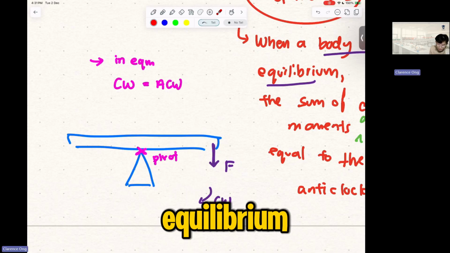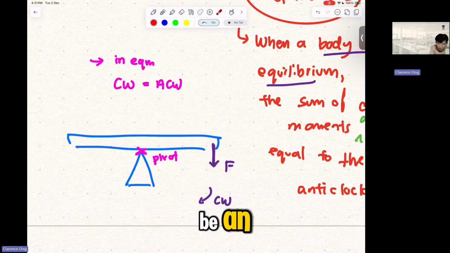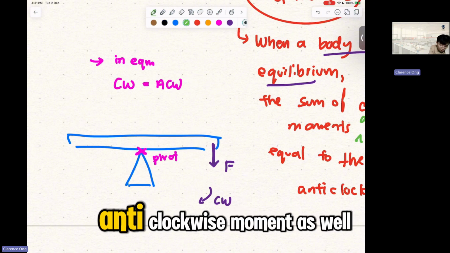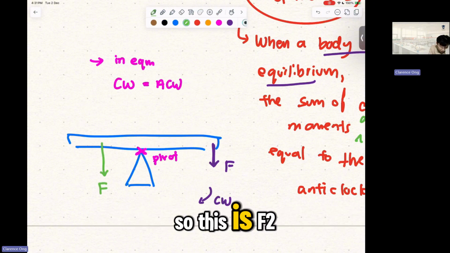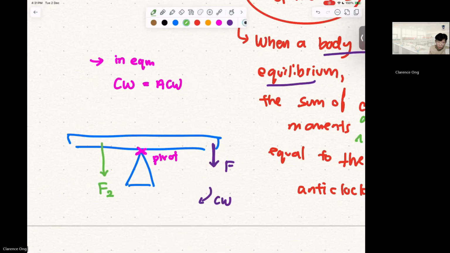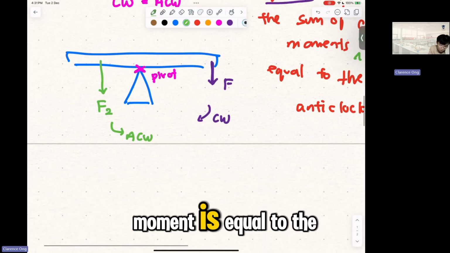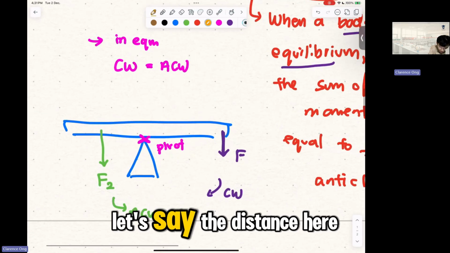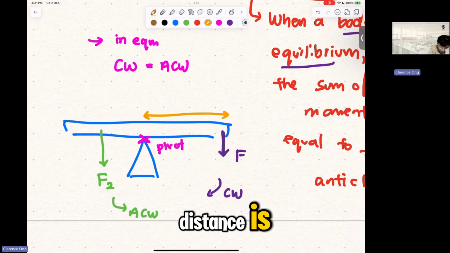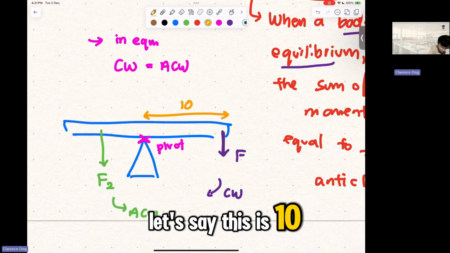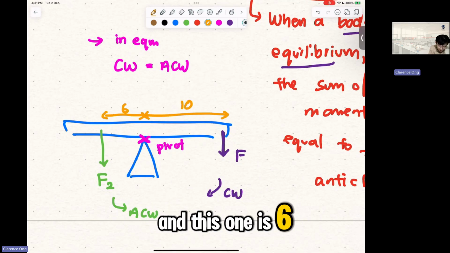If the plank is in equilibrium, I know that there must be an anti-clockwise moment as well. So this is F2. And this is anti-clockwise moment. So the clockwise moment is equal to the anti-clockwise moment. Let's say the distance here, I don't know what this distance is. Let's say this is 10 and this one is 6.